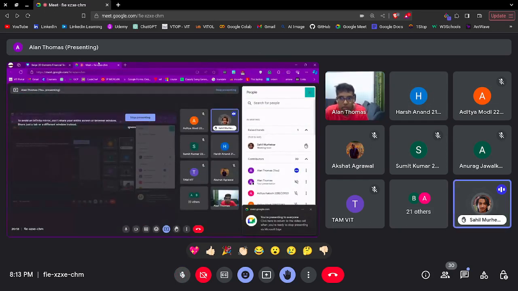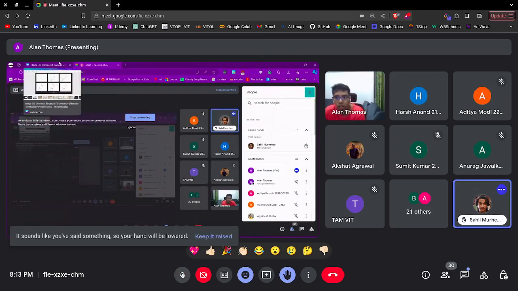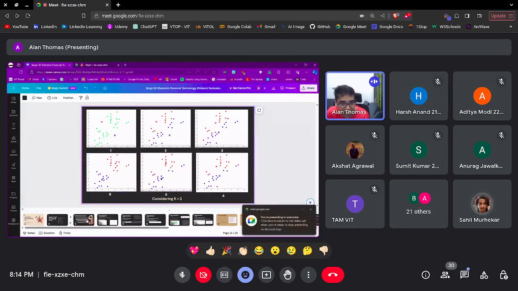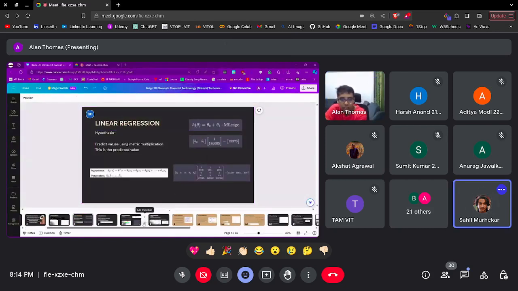My question is regarding the logistic regression and linear regression models, the classification models. K-means clustering and logistic regression are both classification models.